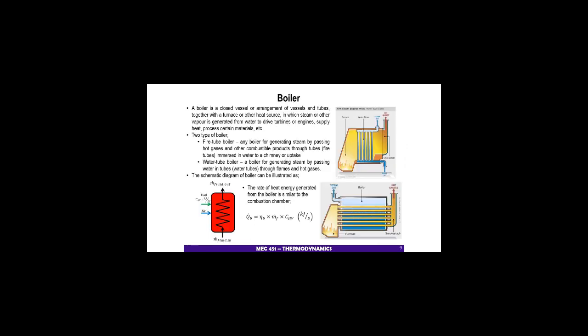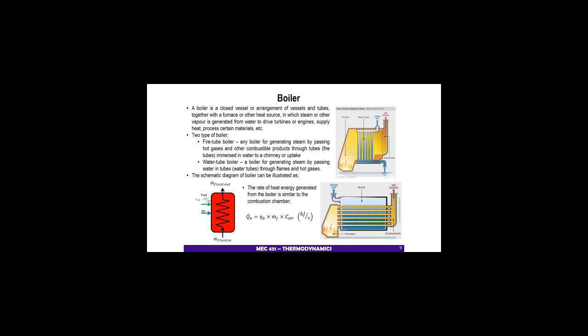Boiler. A boiler is a closed vessel or arrangement of vessels and tubes together with a furnace or other heat source in which steam or other vapor is generated from water to drive a turbine or engine. It supplies heat, processes certain material, and etc. We have two types of boiler. First, we call it a fire tube and water tube. What is a fire tube boiler?